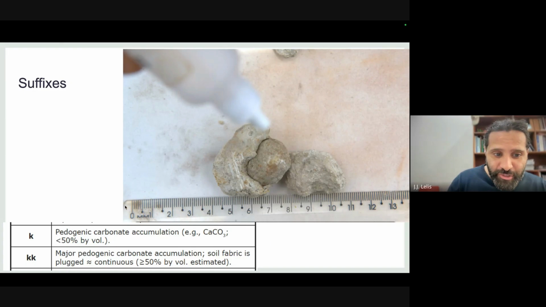And I can register the pedogenic carbonate accumulation or concentration by the letter K or double K according to the volume, according to the amount of material. So if I have less than 50% of pedogenic calcium carbonate, I use the K. If I have equal or more than 50% of calcium carbonate accumulation, I will use the double K. Okay.